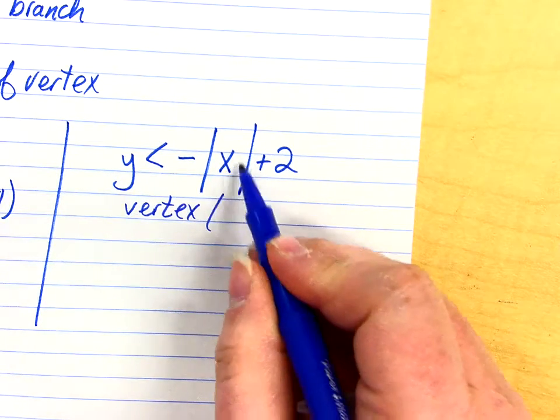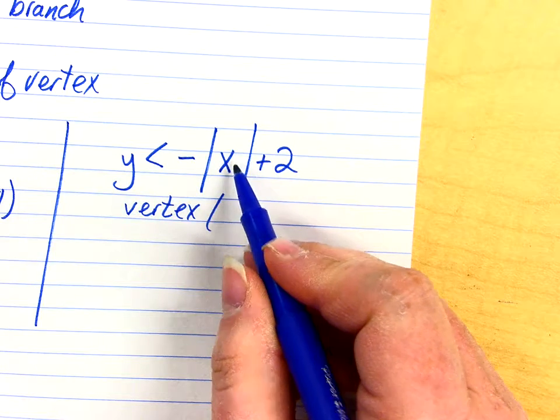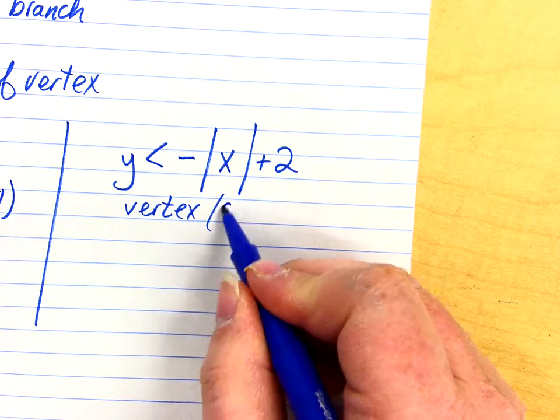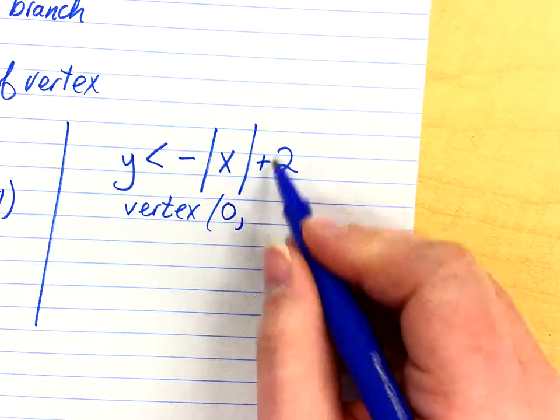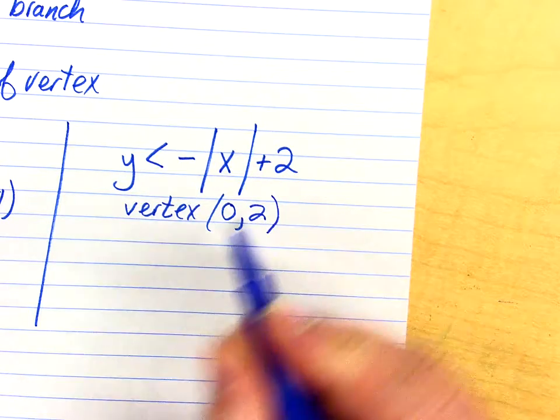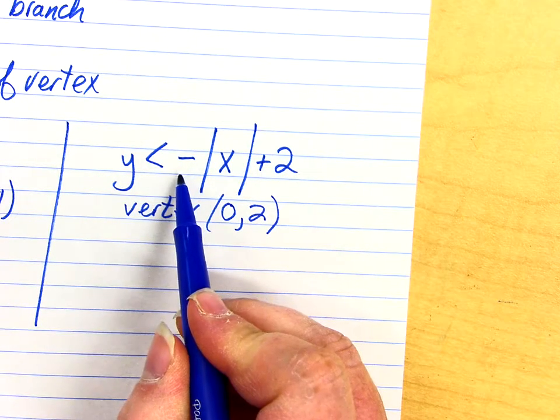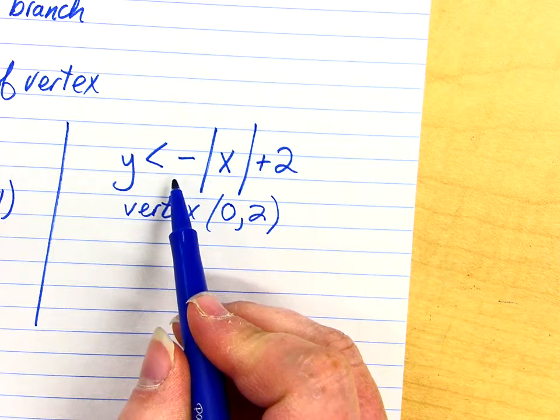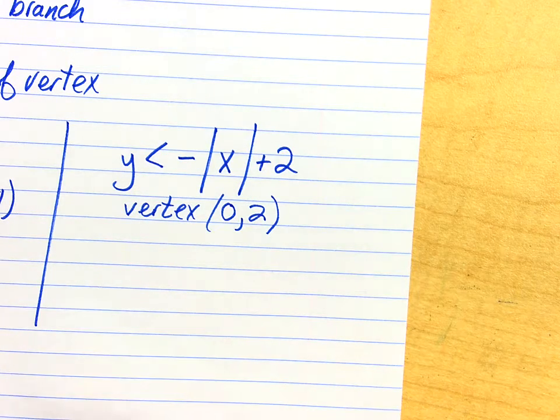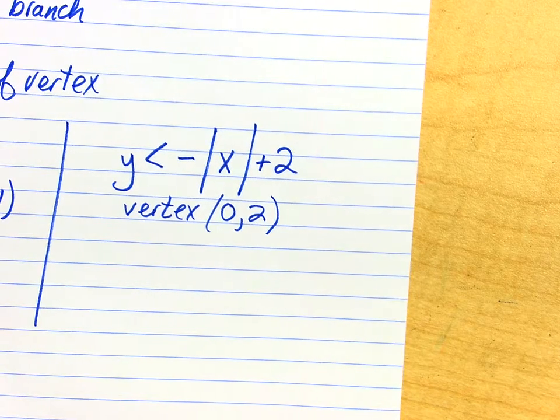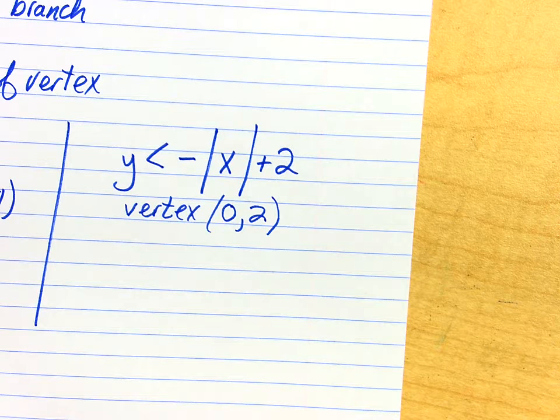Right. I don't have a number inside the absolute value, so my h is just a 0. K is on the outside, and that's still a positive 2. What's up with this negative, though? What does that do? Right, it's going to flip the V upside down. So on the right-hand branch, my slope will be negative 1, and then I'll have positive 1 on the other side. So it just looks like an upside-down V.